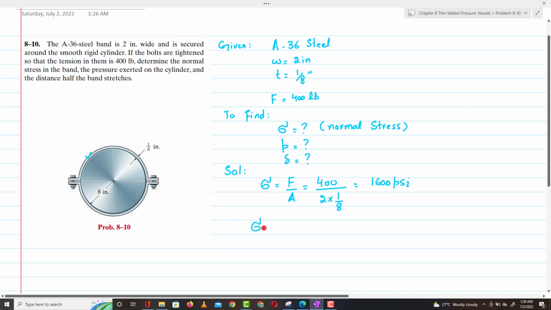Now we know that hoop stress is equal to sigma 1, that is equal to P into R divided by T, and this normal stress is equal to sigma 1.